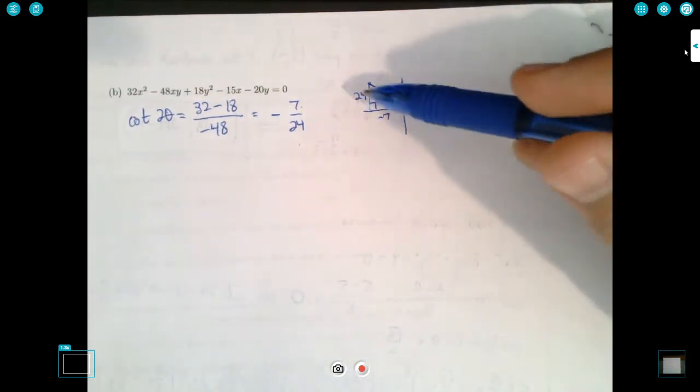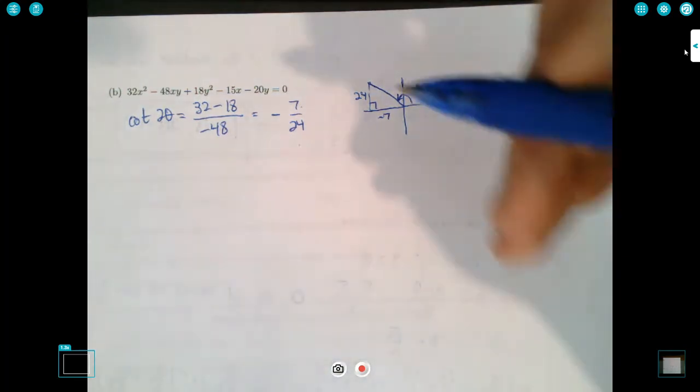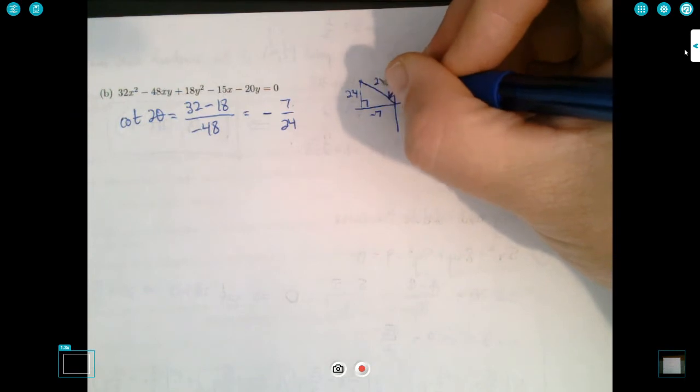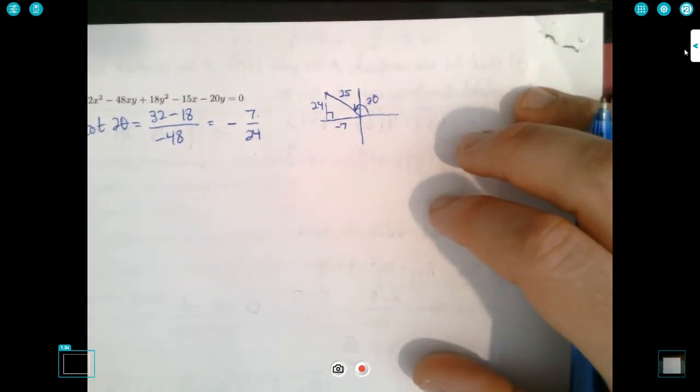And then we can solve for the hypotenuse, right? So 7 squared plus 24 squared is 625. Square root of 625 is 25. Oh, of course, right? 7, 24, 25. Yeah, this is just one of those special triangles, right? So the hypotenuse is 25.